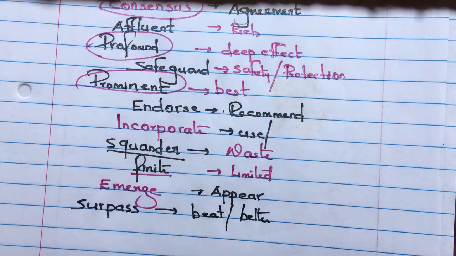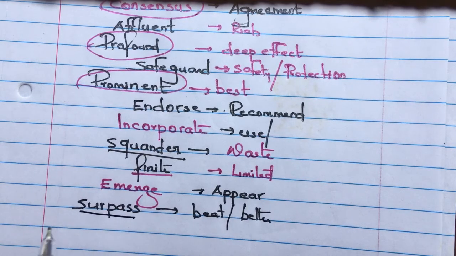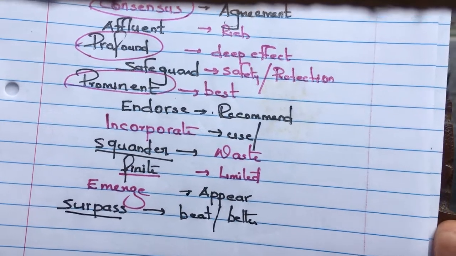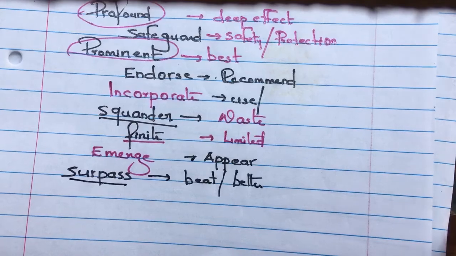If you beat or overcome something else, you could use the word surpass. These are very good words for your IELTS writing or speaking. If you practice with these words, it's my guarantee that you will never lose your bands for this.